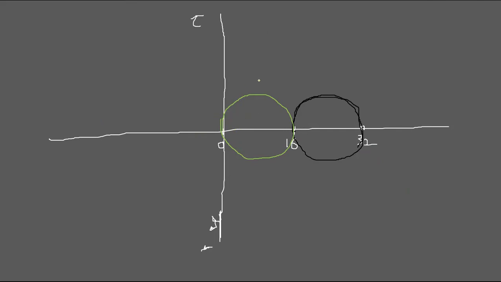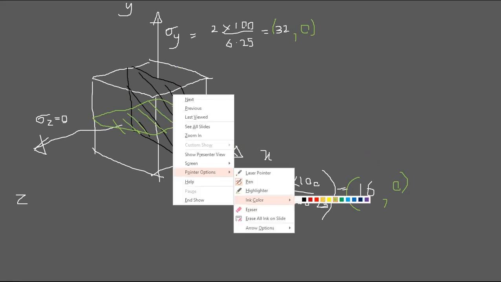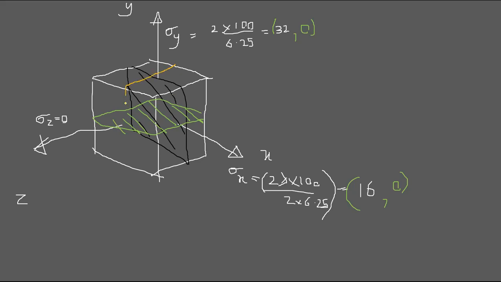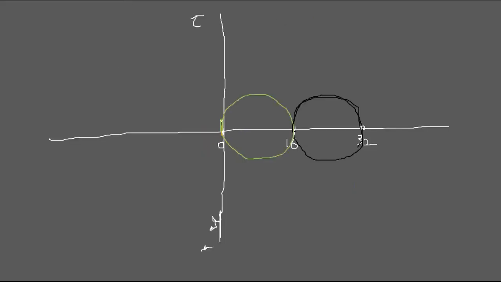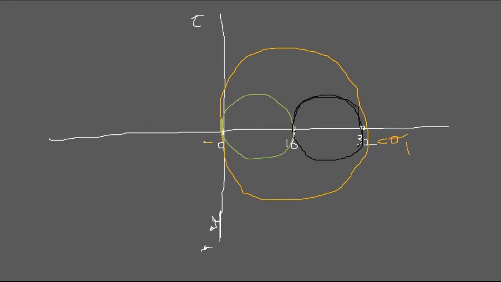So for 0 and 32, for this y-z plane, you can draw the Mohr circle like this, 0 and 32. So you can see this is sigma 1, this is sigma 3, the lowest principal stress, and this is then sigma 2.